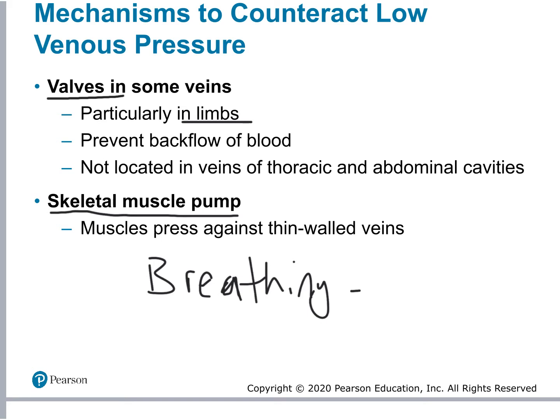And then whenever the diaphragm relaxes and pushes back up into the thoracic cavity, it decreases the volume of the thoracic cavity and increases the pressure. So this whole thing of breathing in and breathing out, contracting the diaphragm and relaxing the diaphragm, is going to force fluids into the vessels of the thoracic cavity, and then it's going to force it back into the heart.